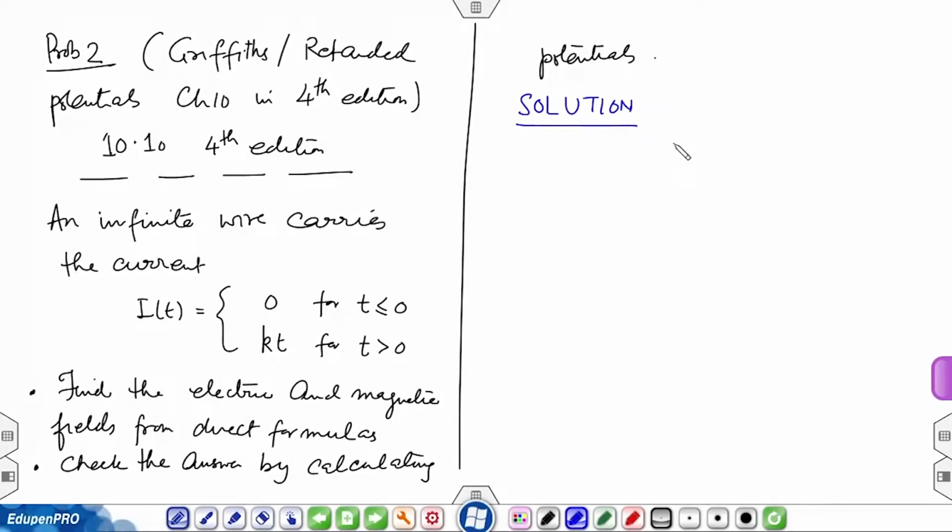So, let us first plot the current. The way current is going is 0 and then increases linearly. Again, you will see how we use retarded time when performing these calculations.